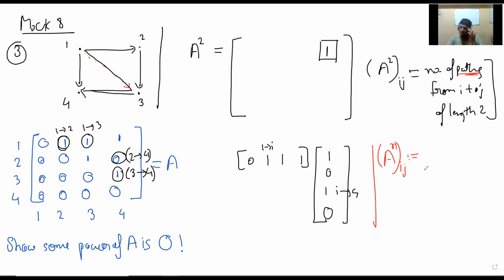Because you see, if you want a path from i to j of length n, or let's say a sequence of n edges that lead you to j, then at some point you have a path of length n minus 1 to somewhere, and this will be the entry in a to the power n minus 1, i comma k, and then the edge from k to j will come. So you understand, right? So this is analogous.